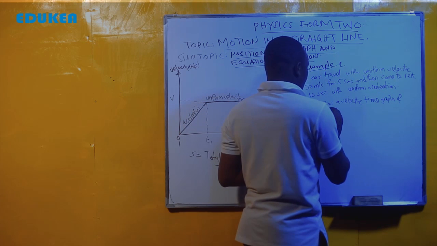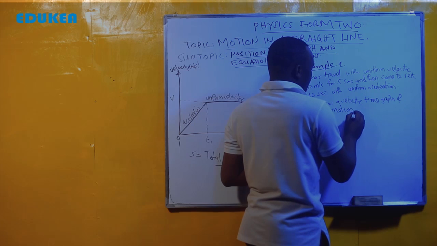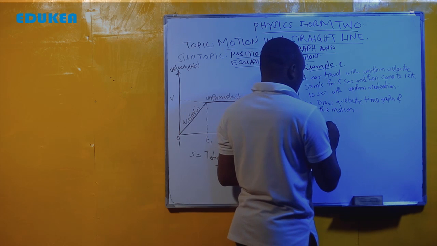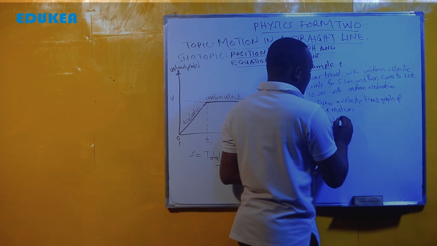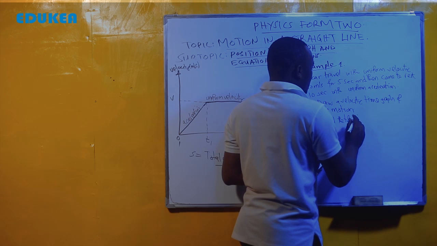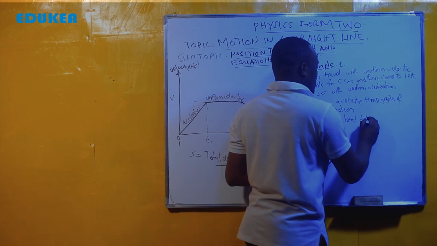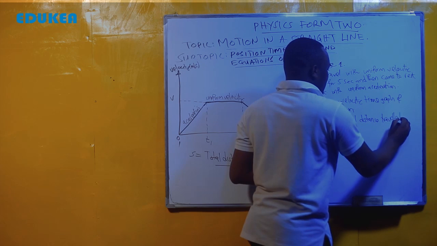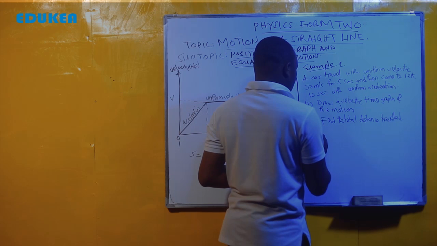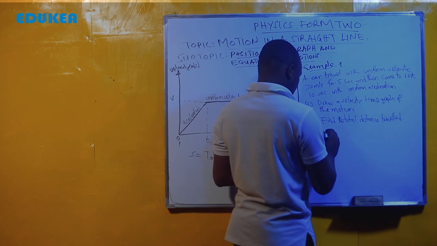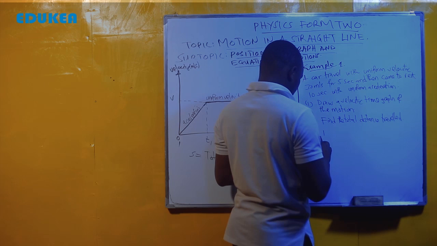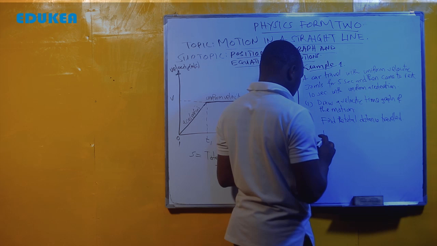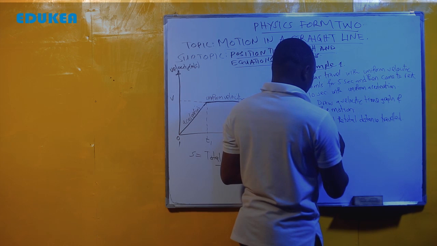The second part, find the total distance traveled. But the final question is to find the average acceleration. Let's say average velocity.